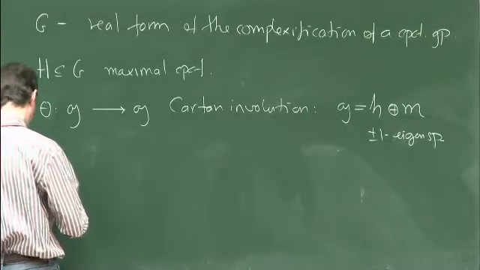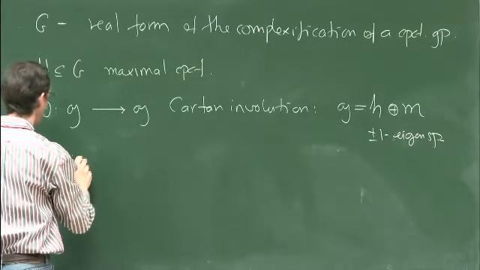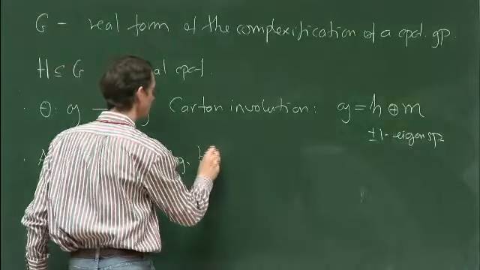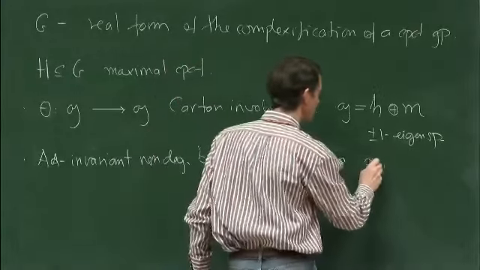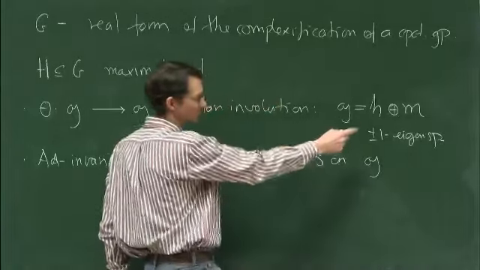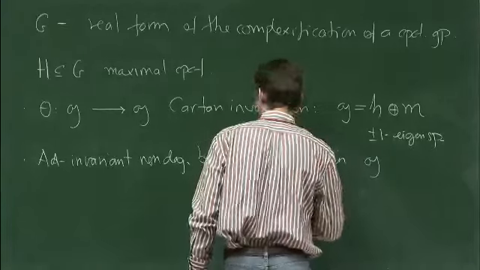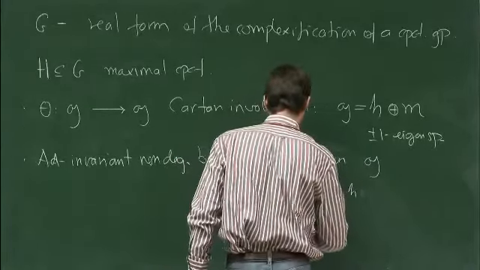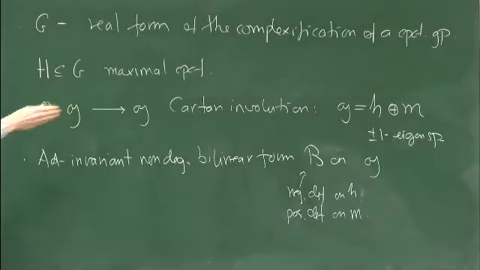I also need an ad-invariant non-degenerate bilinear form B on the Lie algebra of G, such that this form is negative definite on the Lie algebra of H and positive definite on M. If your group is semi-simple, you can just take the Killing form for this form.